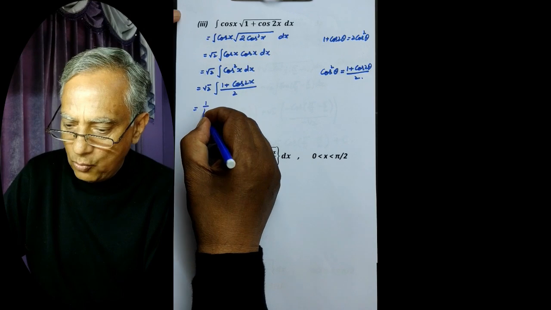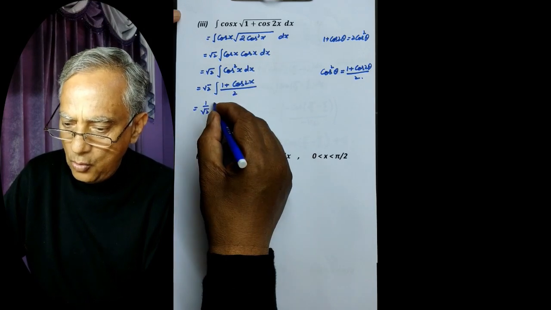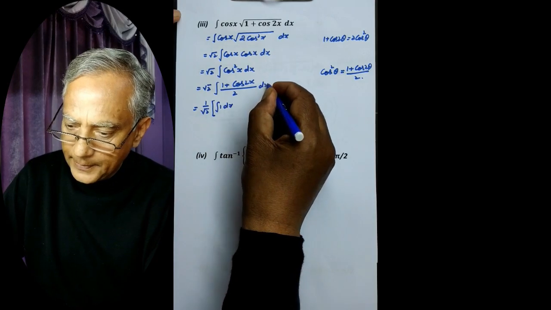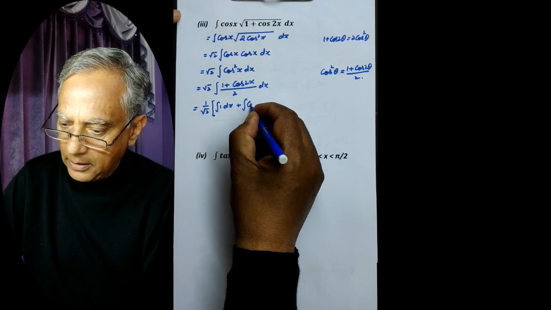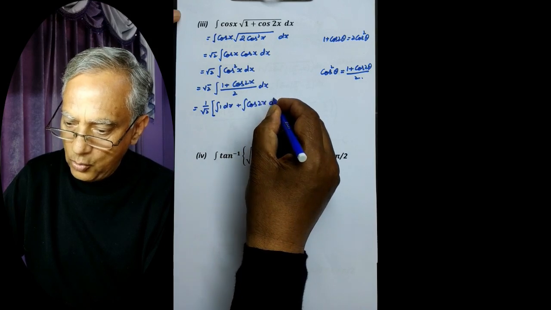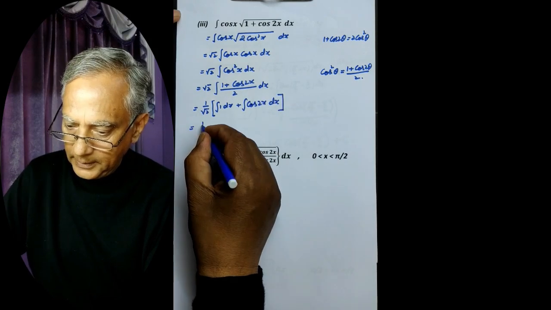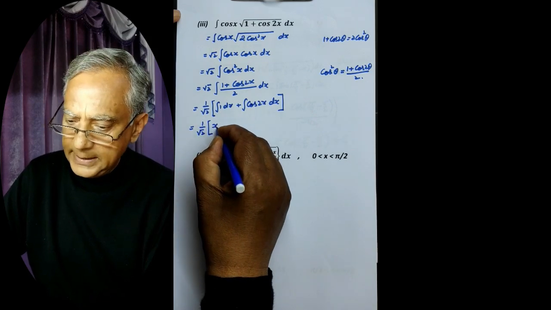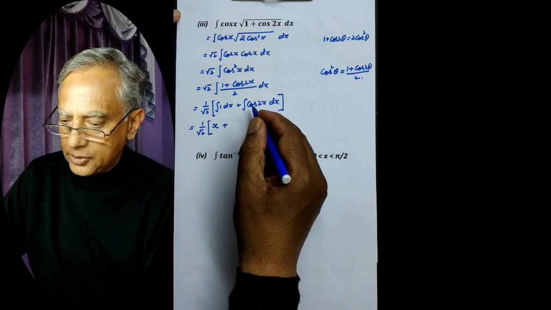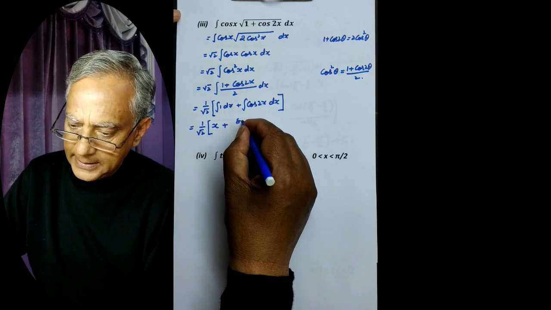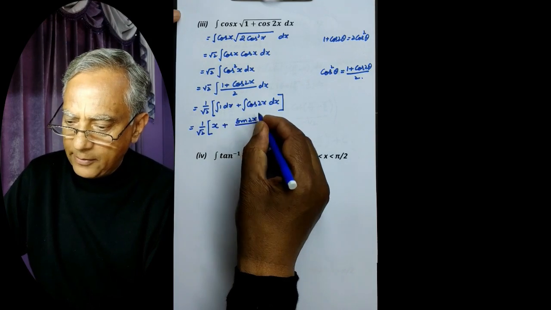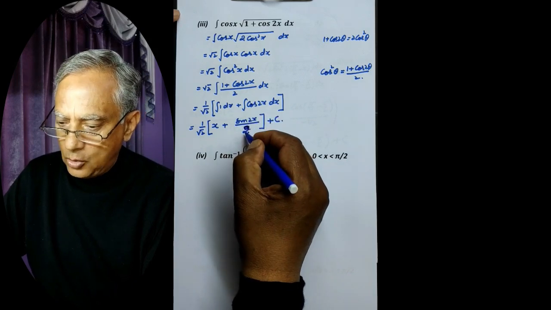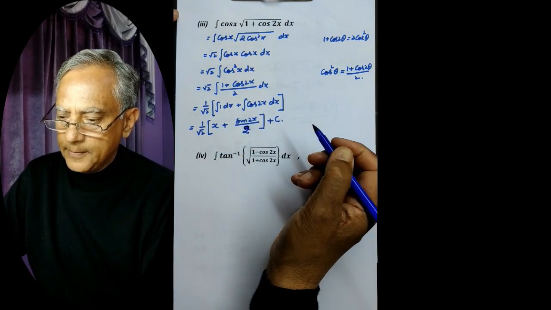That is 1 by root 2 into integral of 1 dx plus integral of cos 2x dx. This is equal to 1 by root 2 into integral of 1 is x and integration of cos 2x is sin 2x and we must divide by the coefficient of x. Sin 2x by 2 plus c.